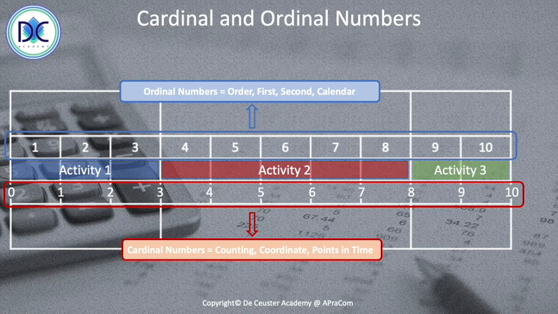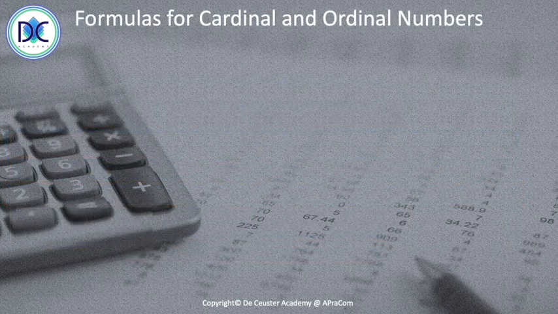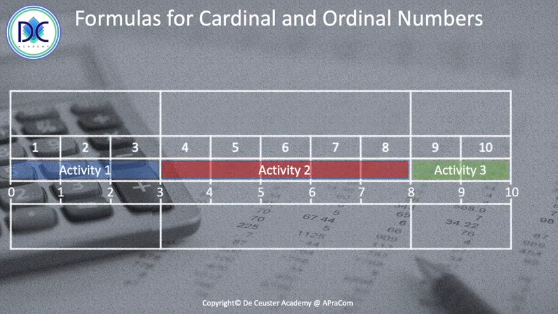When we start calculating from 0, we use the cardinal numbers, and when we start calculating from 1, we use the ordinal numbers. Let's have a look at those formulas. So we have our activities again, and when we look at the first activity, let's start with the ordinal numbers.